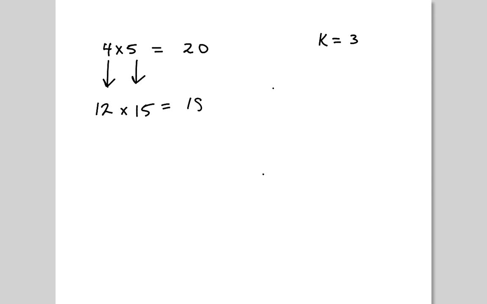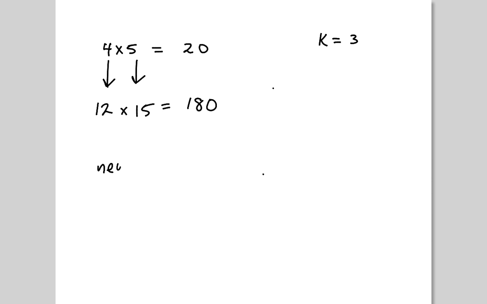Okay, let's do this. Let's go 4 by 5 rectangle. Don't have to draw it, just write this. 4 by 5 rectangle. What's the area? 20. Let's triple. Let's say that the K value is 3. So what happens to 4? 4 becomes 12, and 5 becomes 15. 12 times 15, if you could pop that into your calculator, is 180.